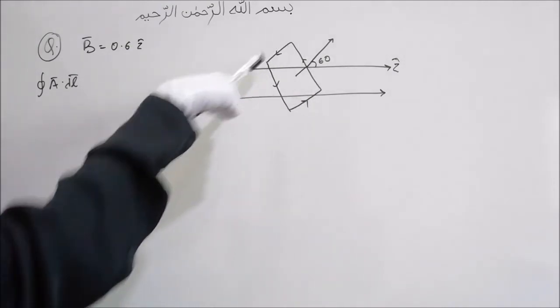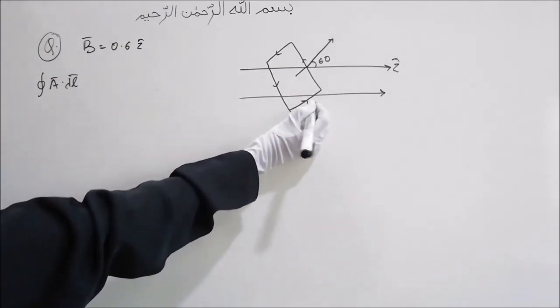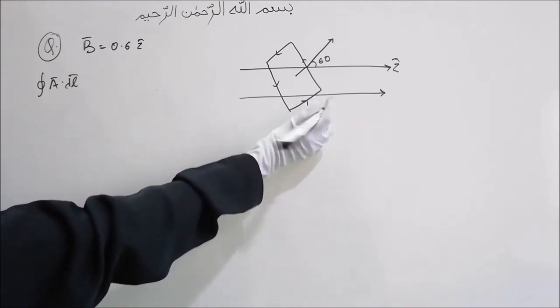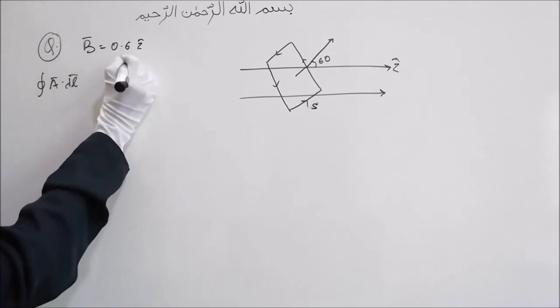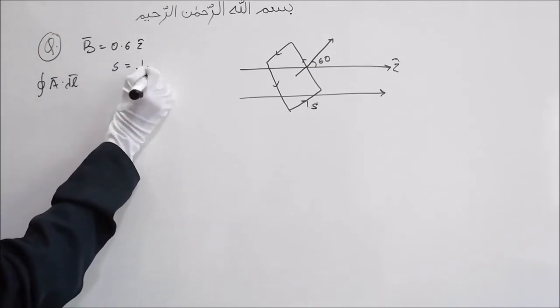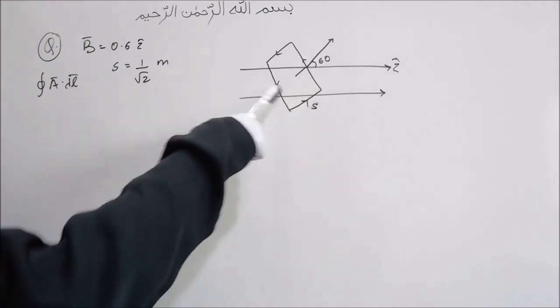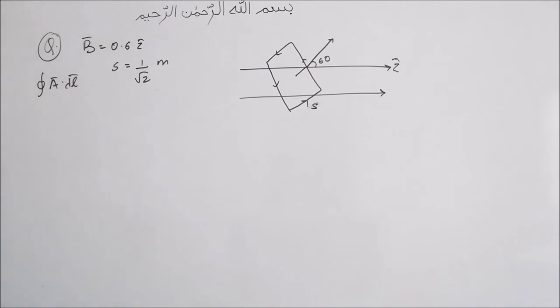This is a square loop of side, let's call it S, equal to 1 by root 2 meters. The normal to the loop makes an angle of 60 degrees with the z-axis. We have to find this integral.